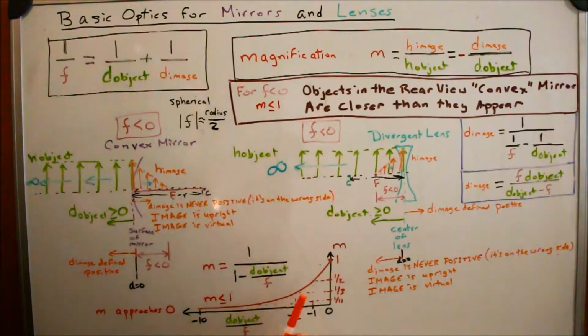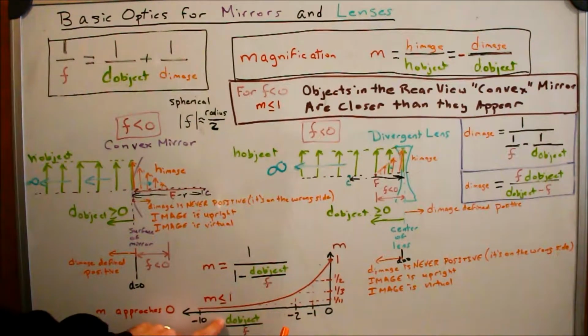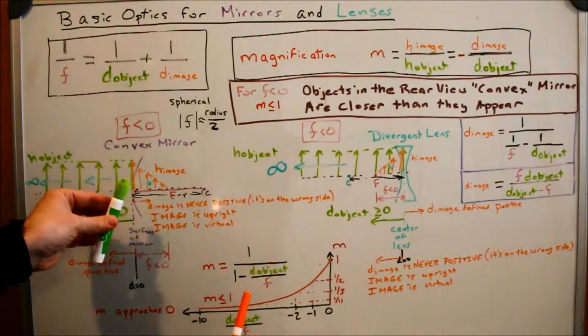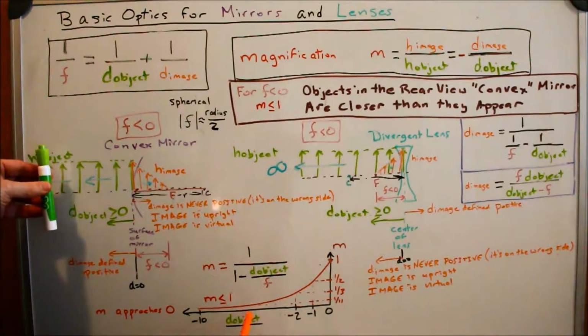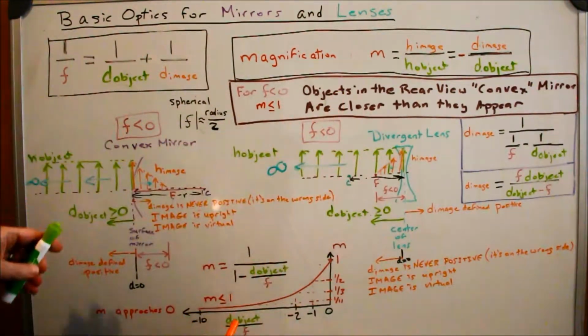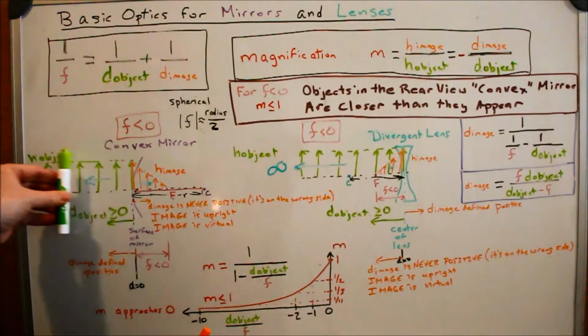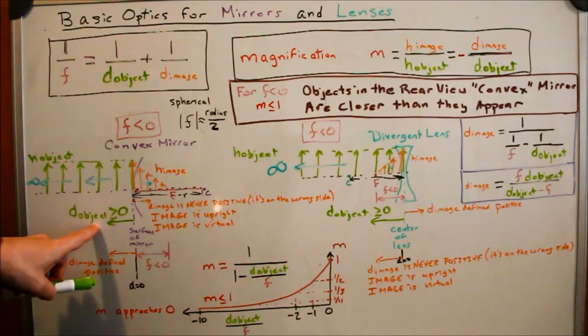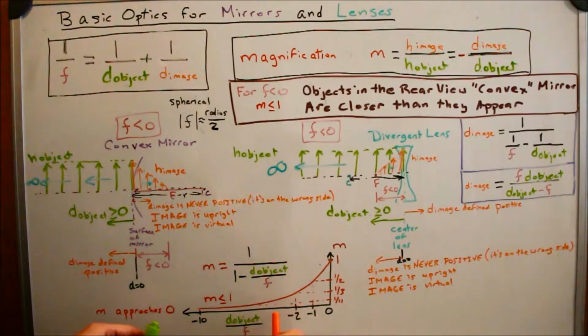And so if I plot the distance of the object to the focal length, which is going to be a minus value for these cases because the focal length is minus and the distance of the object is non-negative, versus magnification factor, this also helps us remember and understand things.